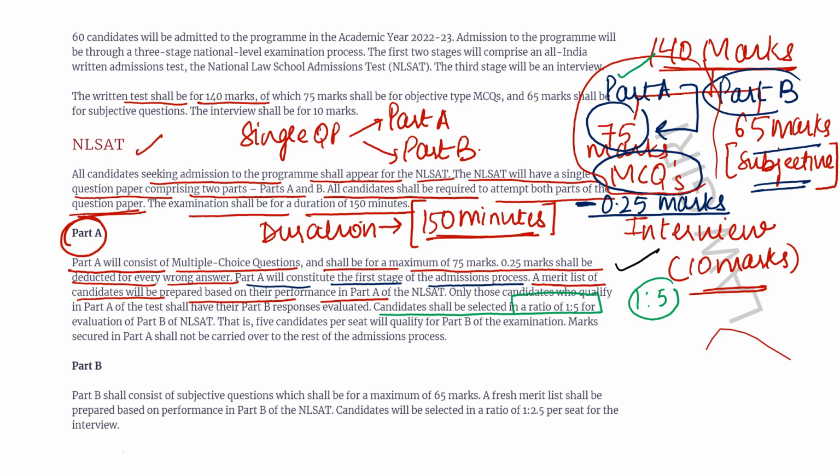So part A is equally important, because if we get qualified, then only, 5 candidates per seat will qualify for part B of the examination. Marks secured in part A shall not be carried over to the rest of the admission process. So part A is equally important, because if we do well in part A, then only we'll go for part B.